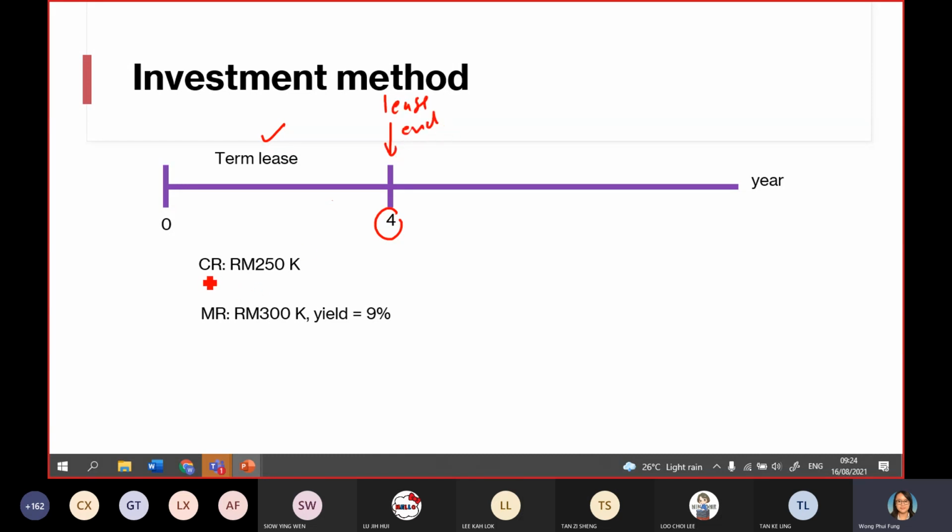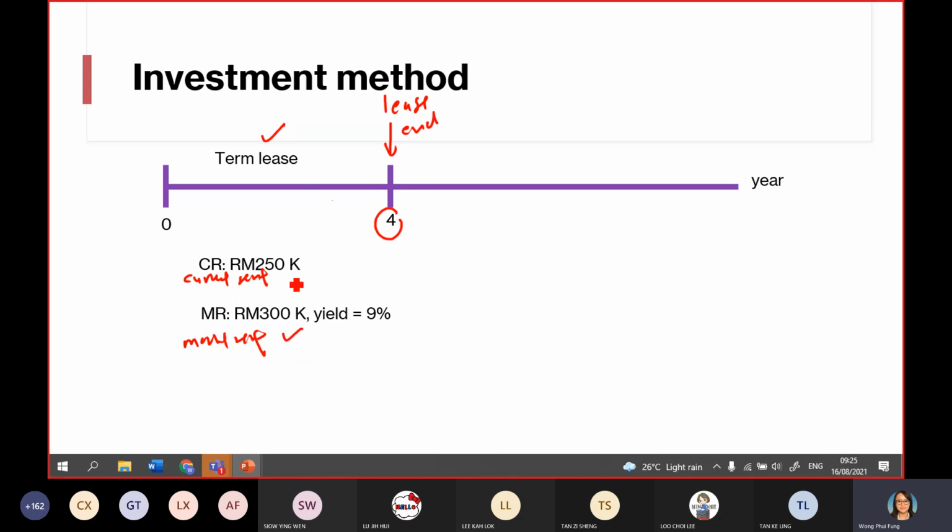Okay, so under the lease, CR is current rental and MR is market rental. Under the term lease, the owner says you just pay 250,000. But actually the market rent is 300,000. But because we are under the contract already, under the lease, the owner cannot simply increase to 300,000.